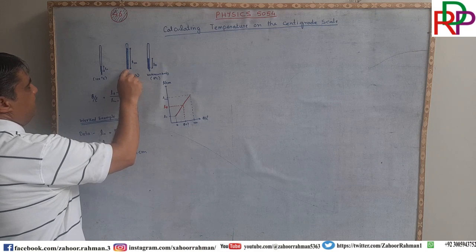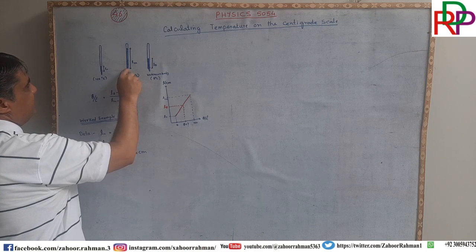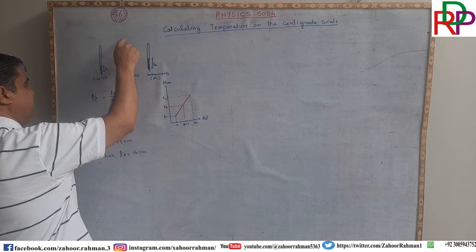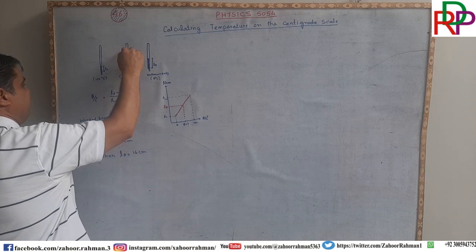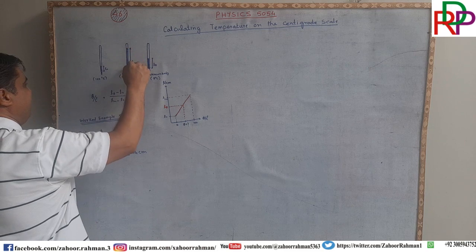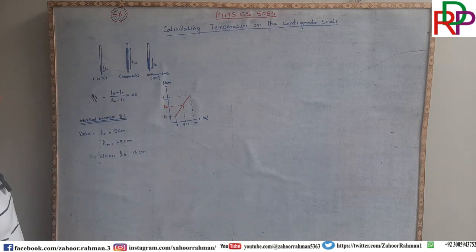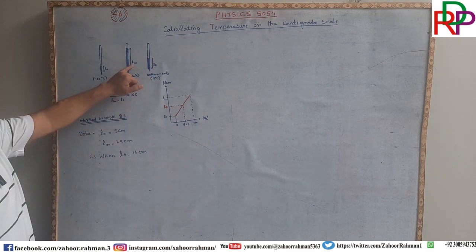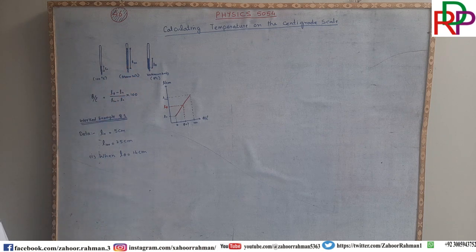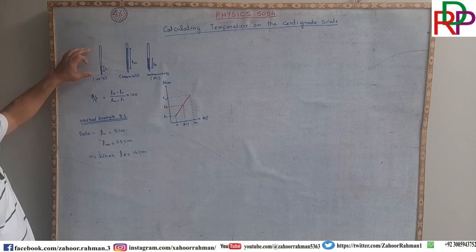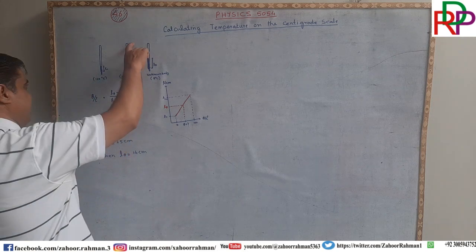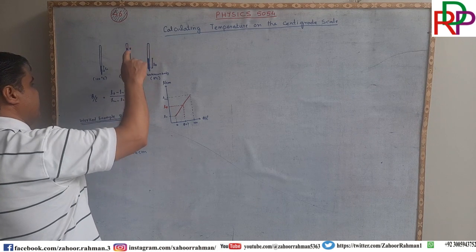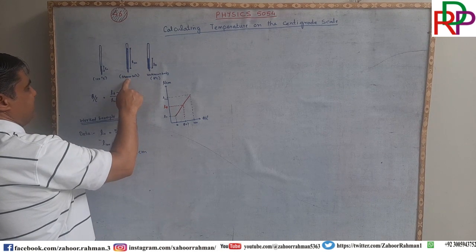From the area above the bulb, when we immerse this in the steam, the mercury length increases, and that length we will denote by L100.